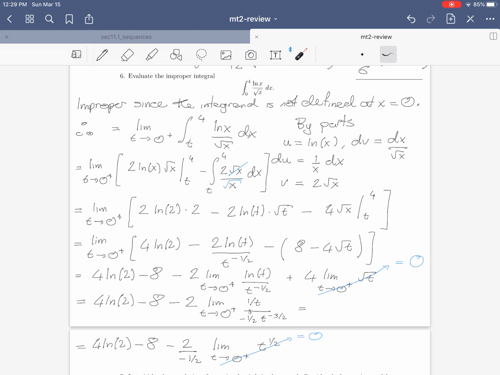All I did going from here to here is multiply up by t to the 3 over 2 in my denominator and numerator. I got t to the 1/2. The limit of that is equal to 0, so we are left with 4 ln 2 minus 8.